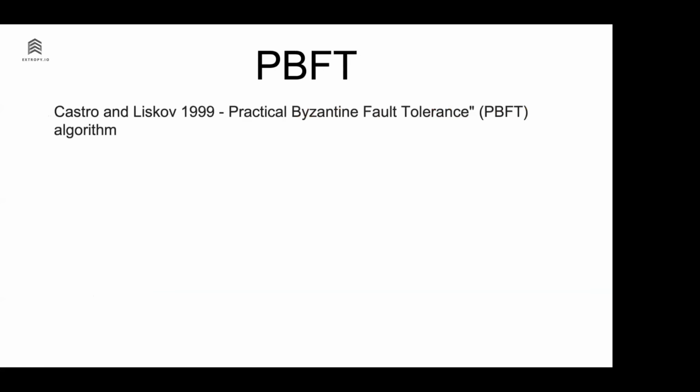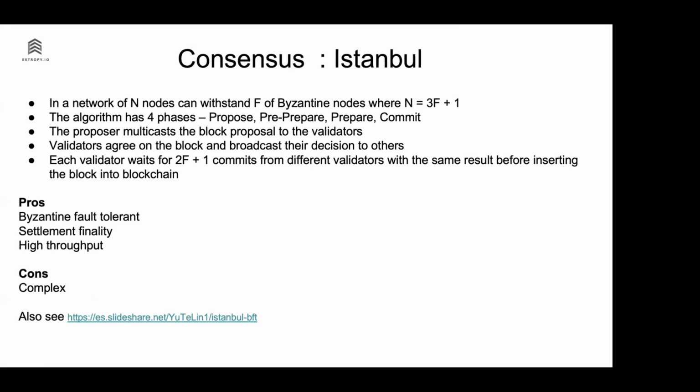I'll just mention PBFT briefly because we're running out of time. This ends up being a lot more complex really than something like proof of work. One example of this is called Istanbul, and it involves nodes voting on proposals and coming to consensus by voting and working out which proposal has the most votes.